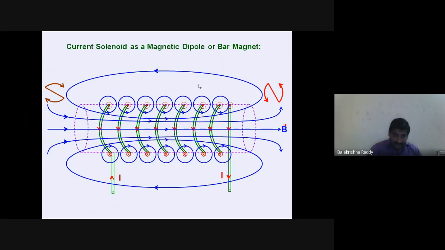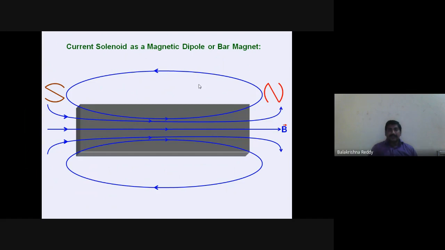But coming to the bar magnet, since it is made up of magnetic material, we cannot alter the magnetic field in it. In a solenoid, by changing the current direction, we can change the polarity, right? But in a normal magnet, we cannot change the polarity.